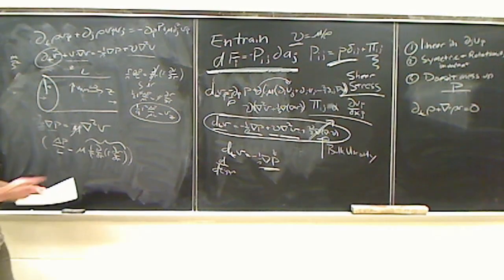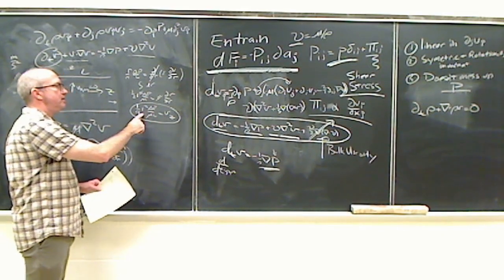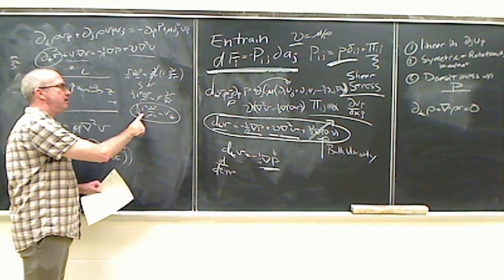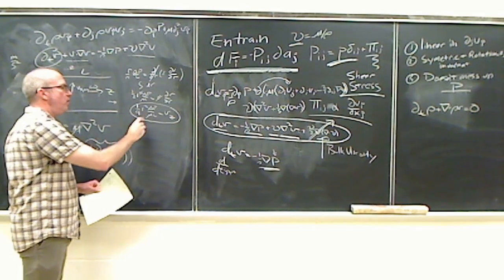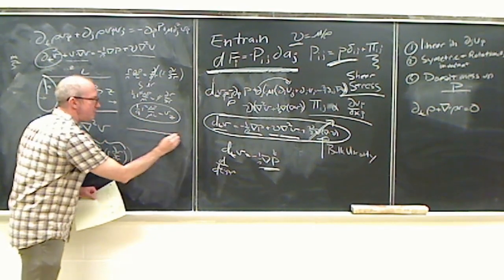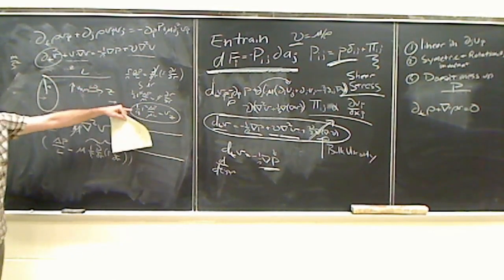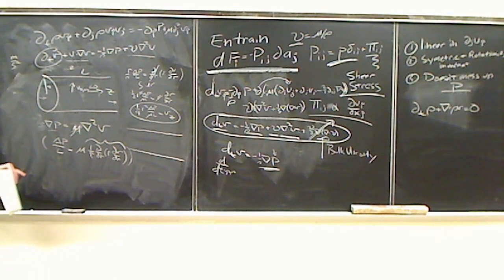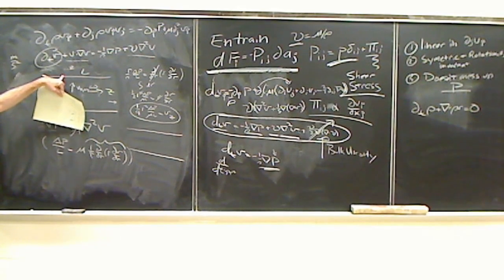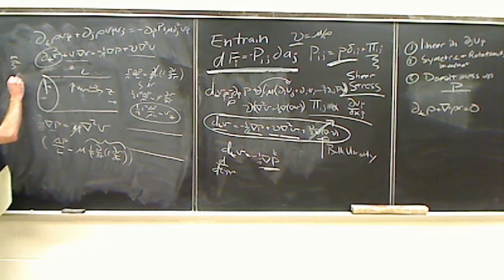So this tells me that my velocity profile depends on radius like this. Oh, I forgot to talk about boundary conditions when I integrated. So what are the boundary conditions? The velocity has to be 0 on the surface. So Vx and Vy are 0 at the edge because they can't go into the edge.